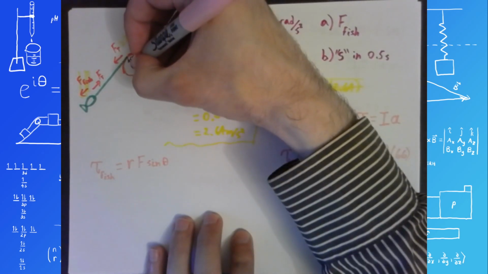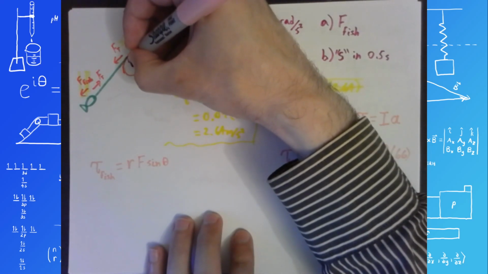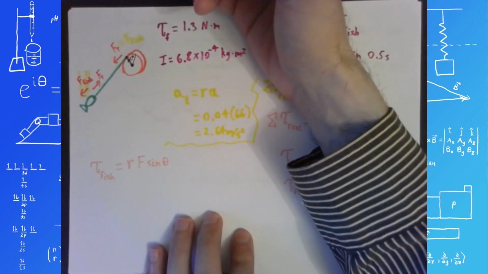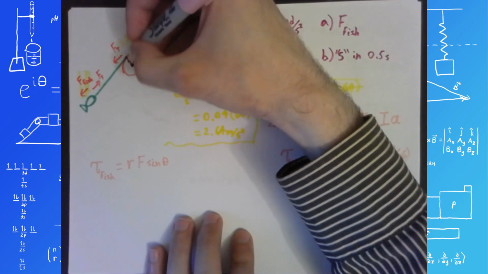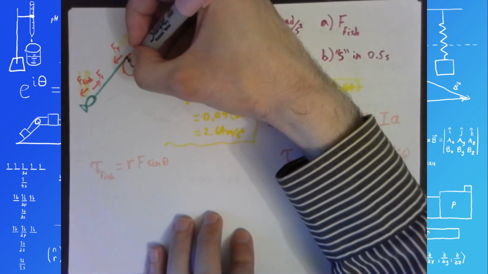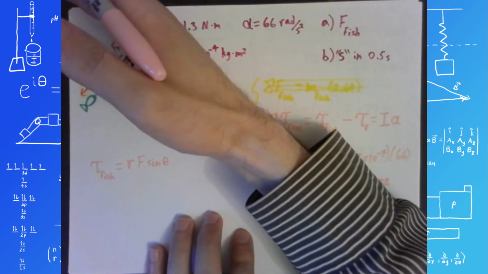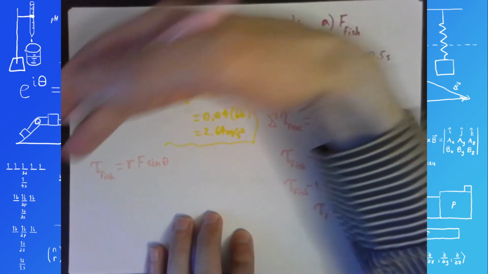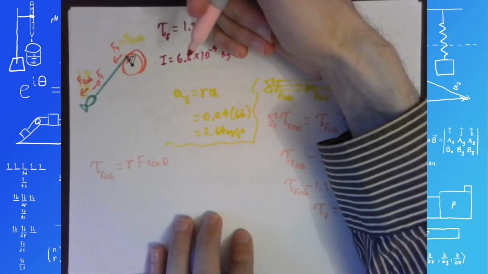So from the axis of rotation, which would be the center of the reel, out to the point where the force is applied, which is on the rim of the fishing reel. So that also indicates your direction, points that way for the lever arm, straight out. The tension force is going to be tangent to that rim, so they make a 90-degree angle with each other.